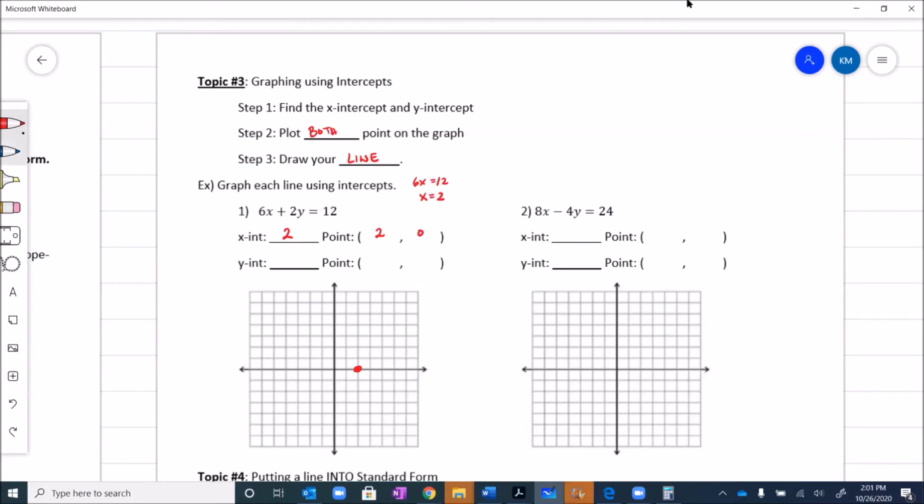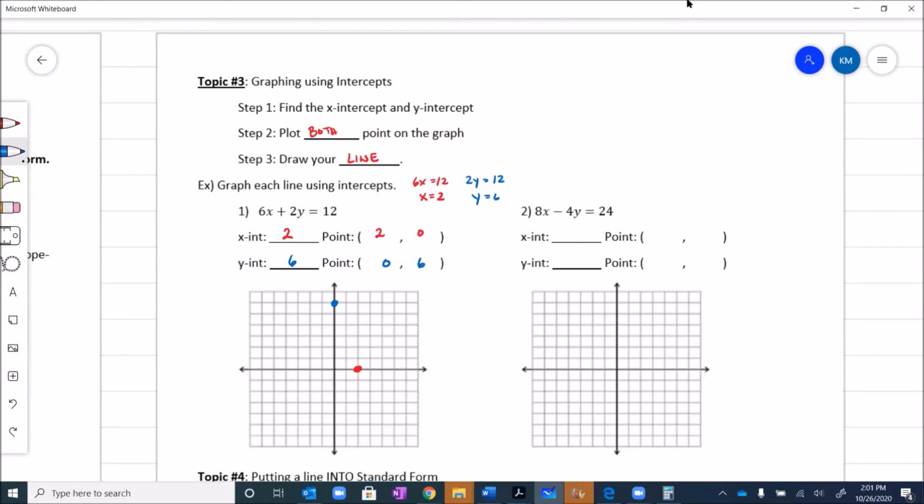Okay, my y-intercept, kind of go through the same thing. I'll do blue because that's what I've been doing, changing colors. My y-intercept plugs 0 in for x, and I have the equation 2y equals 12. Divide by 2, y equals 6. So my y-intercept should be at 0, 6. So that should be up here. Boom, I have my 2 points.